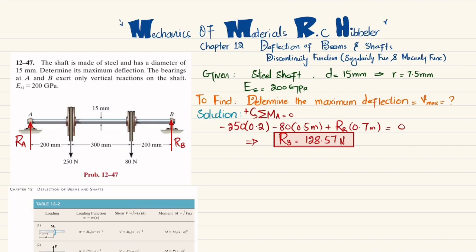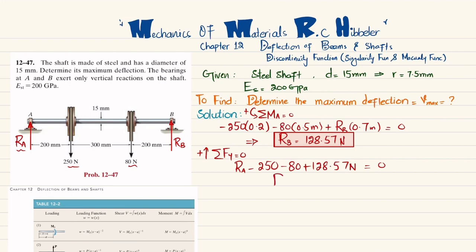Now we'll find RA by using another equation of equilibrium, that is sum of all forces along y direction must be equal to 0, and upward force is taken as positive. So RA is upward, so plus RA; the second force which is 250 is downward, so it will be minus 250. The third force is minus 80 because it is downward, and plus RB which is 128.57 Newton will be equal to 0.